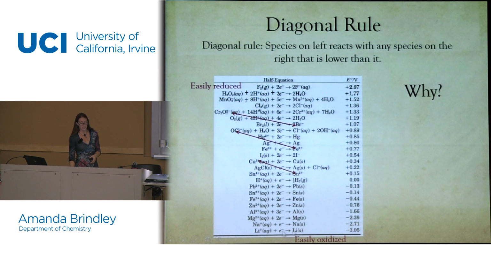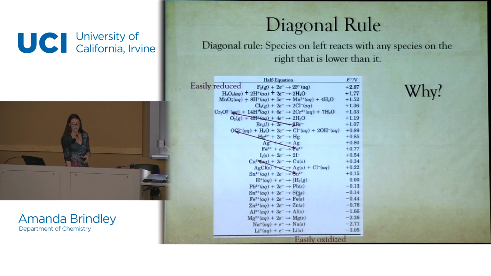This lithium plus doesn't really want to go to lithium. What you'll actually find then is that these are easily oxidized on this side. It's just the reaction flips because you're being oxidized. So lithium solid is very, very easily oxidized. Lithium plus does not want to be reduced.